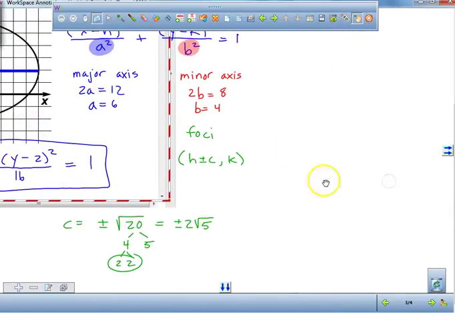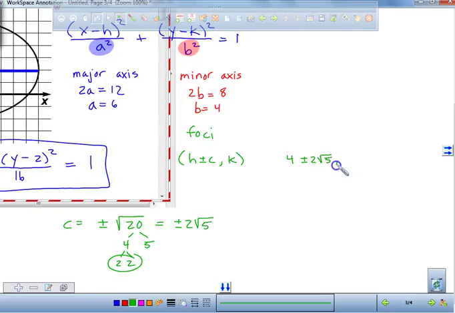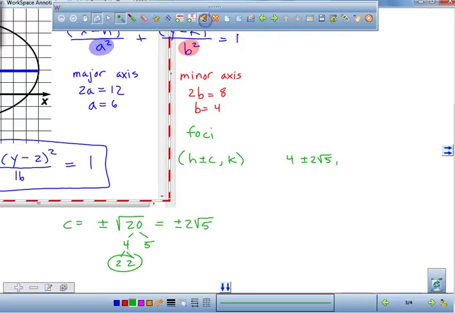So, what's our h value? 4. Plus or minus 2 radical 5, comma, k. And what's our k value? 2. So we have 2 foci. I'm going to call it focus 1 and focus 2.